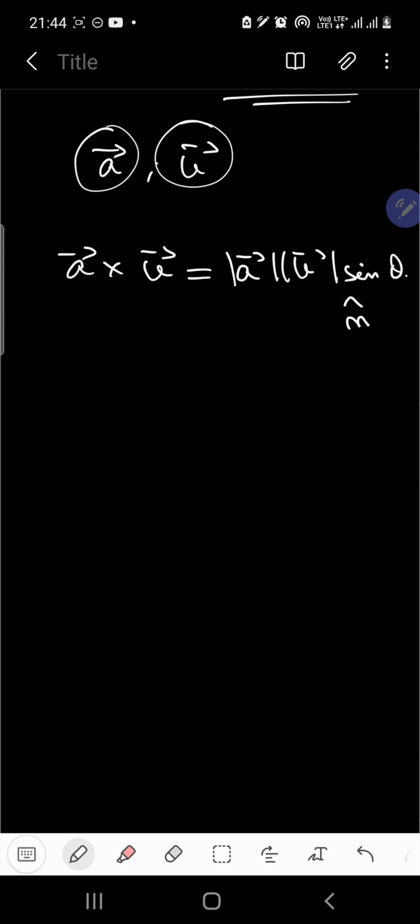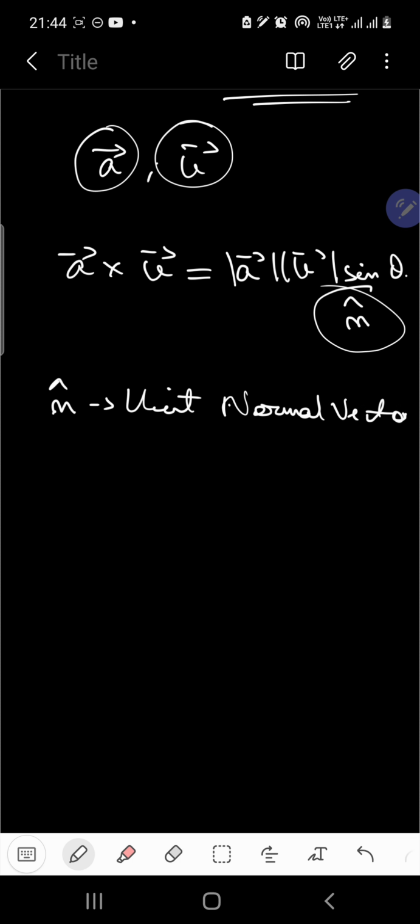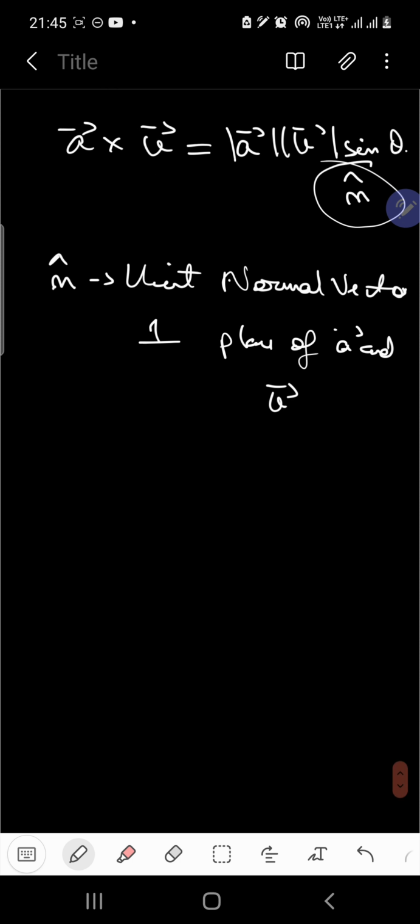Now what is n cap? n cap is basically a unit normal vector which is perpendicular to the plane of A vector and B vector. Its direction is given by the right-handed screw rule, which actually gives you the direction of the n cap.